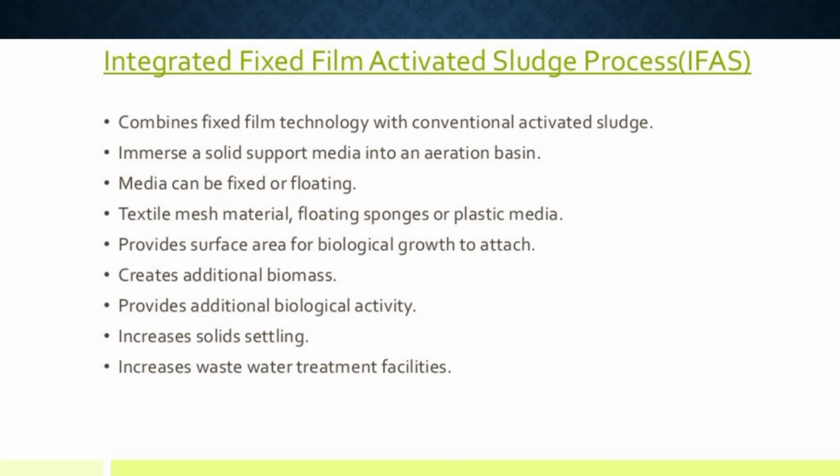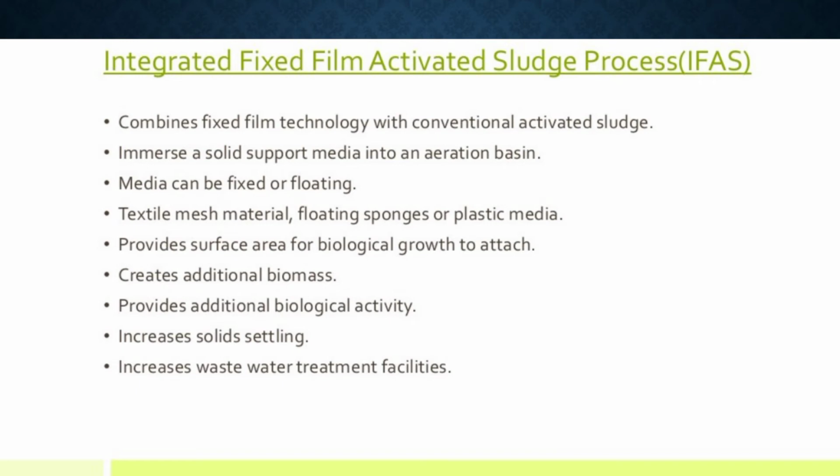Here first one is integrated fixed film activated sludge process, IFAS. It combines fixed film technology with conventional activated sludge. Immerse a solid support media into an aeration basin. Media can be fixed or floating.